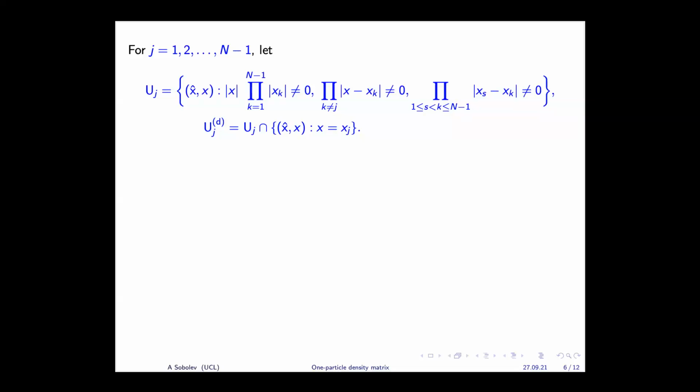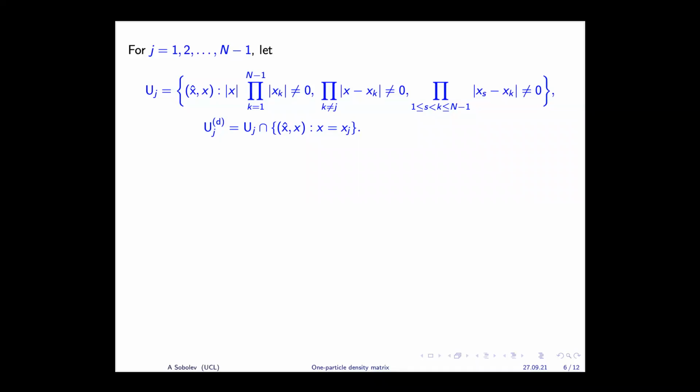Look at this. Let me just define this set. This is the set Uj. This is a set in R^{3n}, the big Euclidean space that is the configuration space for all the particles. This is the precise definition, but let me describe it in words. This is the set where none of the particles touch. They do not hit the nucleus, and they do not hit each other.